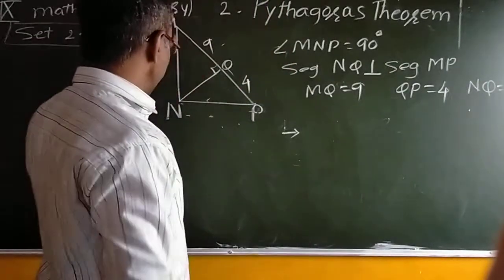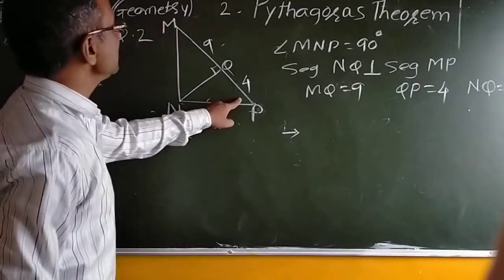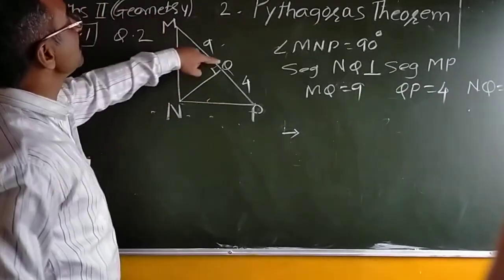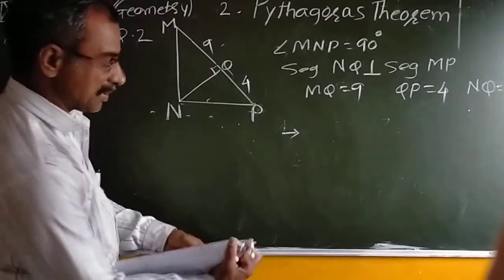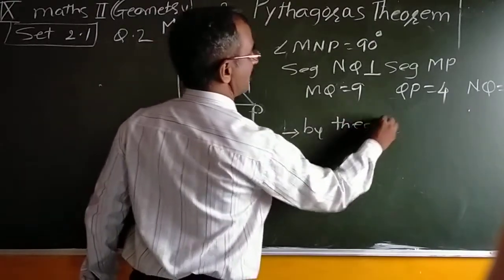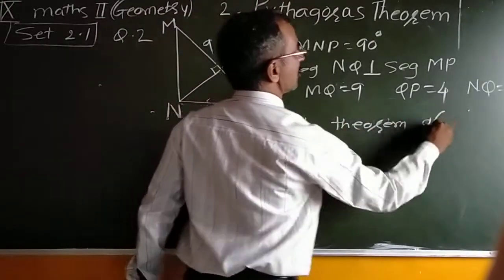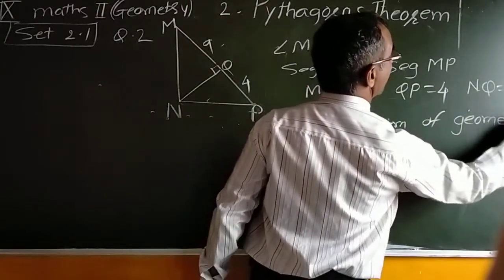MNP is the right angle triangle. MP is the hypotenuse. Then NQ is a perpendicular. So by using the theorem of the geometric mean.